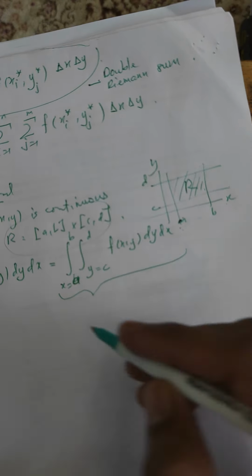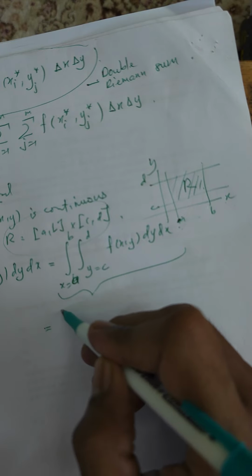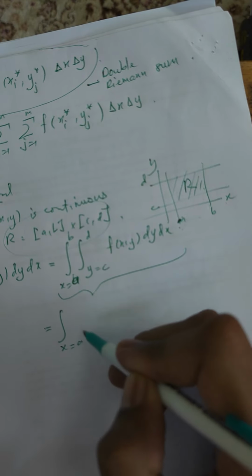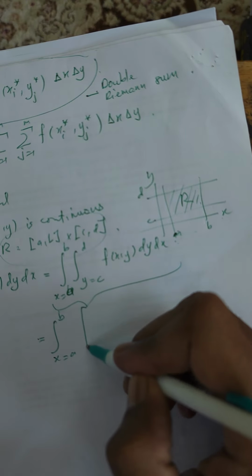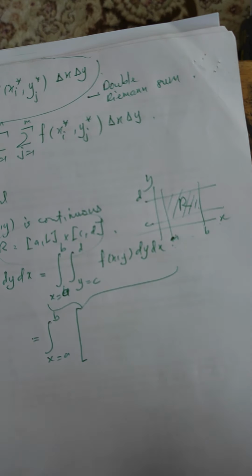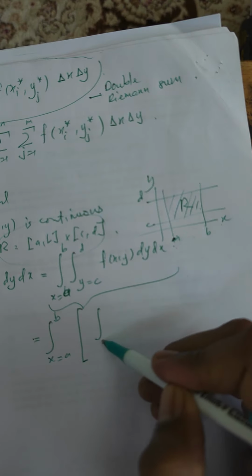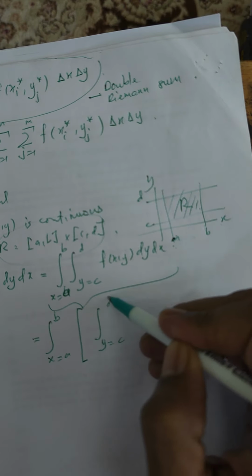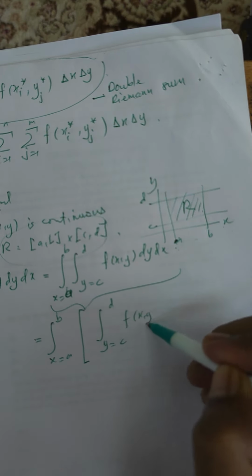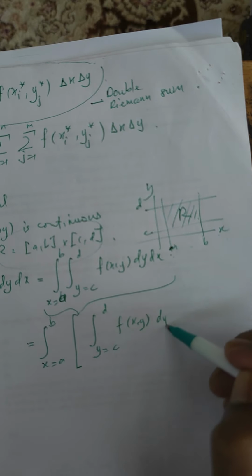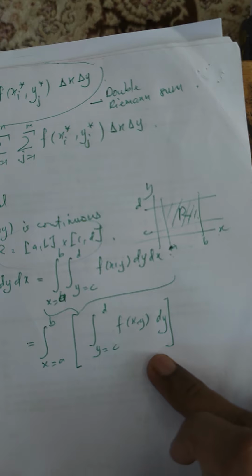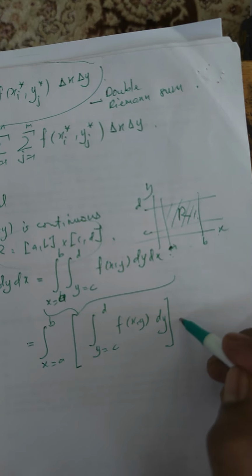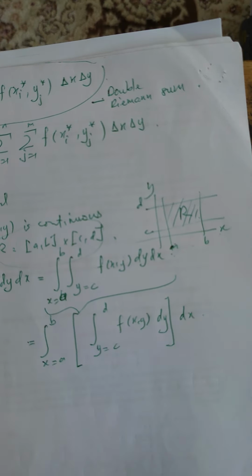What we mean by iterated integral is that we integrate those double integrals one by one. First, we integrate the inner part of the integral, y from c to d, f(x, y) dy. Having done that, we then integrate over x.